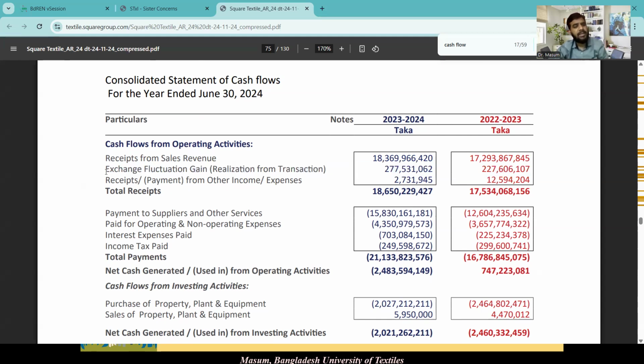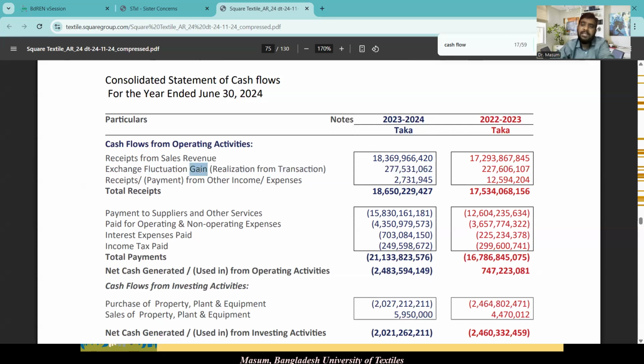Fluctuation gain is that sometimes you buy dollar and dollar value changes. In January, the dollar rate was 128. Now it is 130. So $2 is minus here. But here there is a gain.